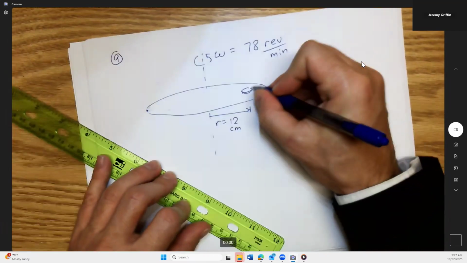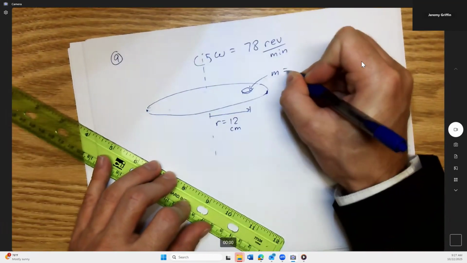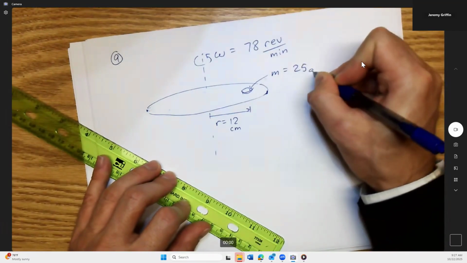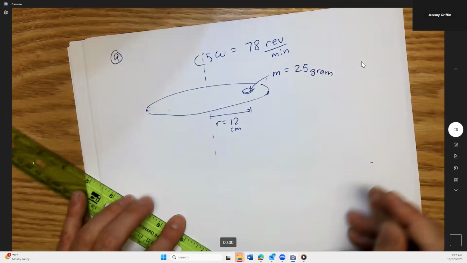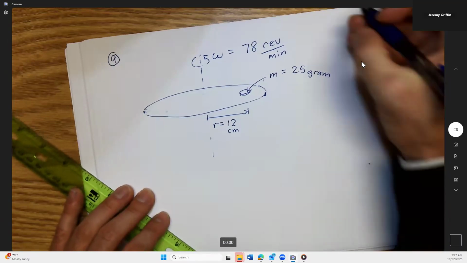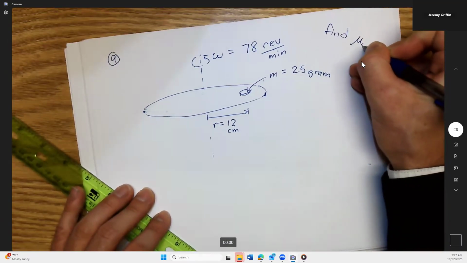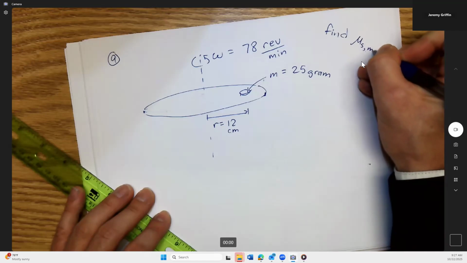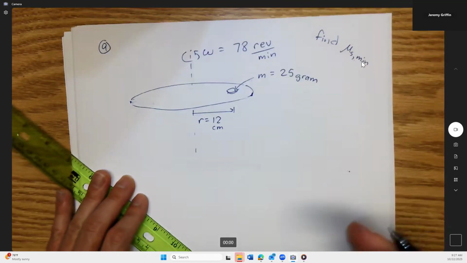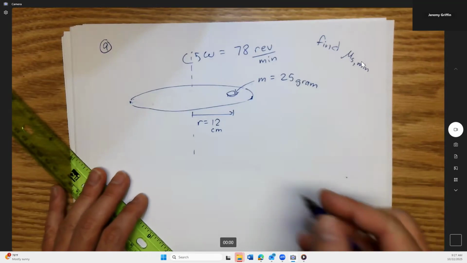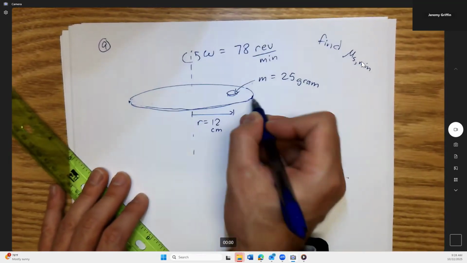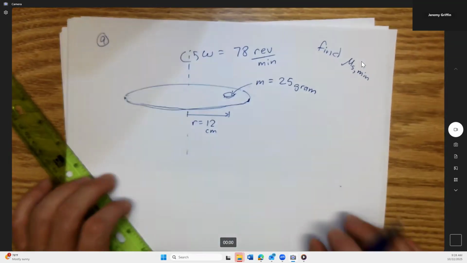And they told you that the mass of this coin is 25 grams. All right, so find mu sub s, coefficient of static friction, minimum. Because of course it could be larger than the necessary value, but it just can't be less than some value. All right, so walk through this with you guys.